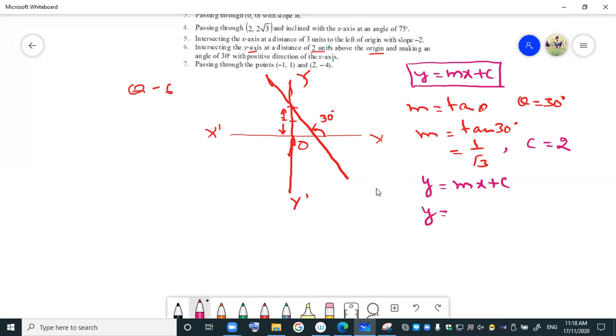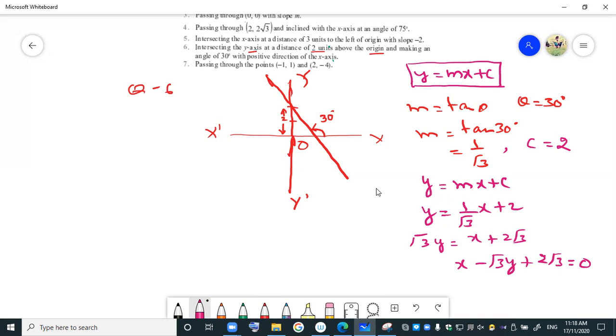Y is equal to gradient 1 by root 3 x plus 2. So root 3, take LCM, then multiply. So x plus 2 root 3. So x minus root 3 y plus 2 root 3 is equal to 0 is the required equation.